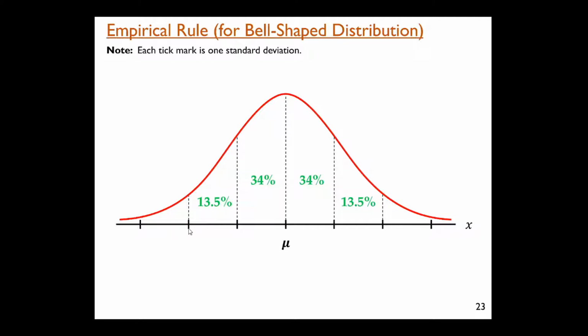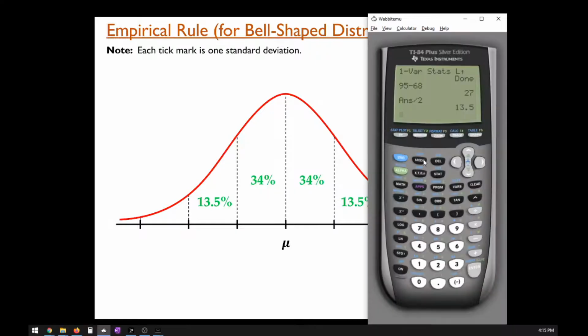Very similarly, from three standard deviations out to the left and three standard deviations out to the right, according to the empirical rule, that's 99.7%. So we can figure out this chunk right here and the other one on the right side by doing 99.7 and subtracting that middle chunk that we know.